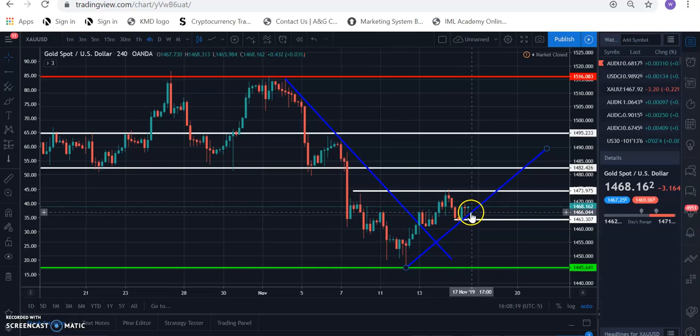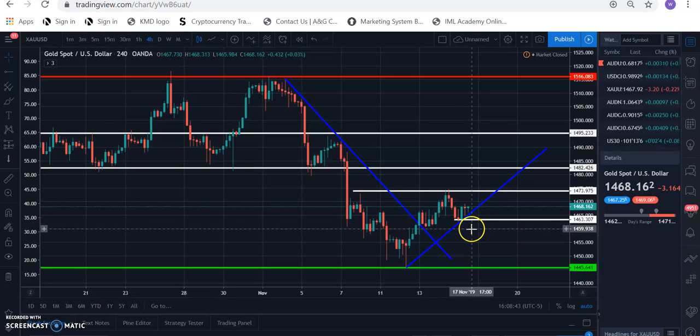So here, I would be cautious. I would not do anything. I would wait to see if it's going to break this trend line. If it breaks this trend line and then breaks this support at 1462, it tells me it's going down. So in other words, I'll be waiting Sunday to see if it breaks this blue trend line.